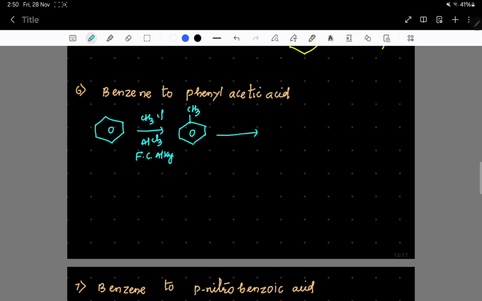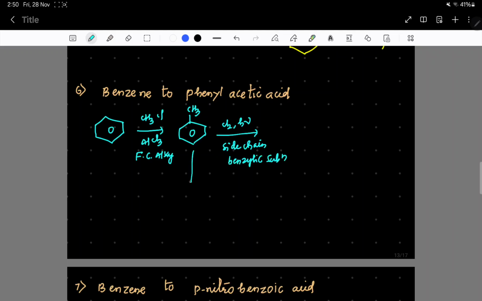Now you can do one thing, student. This toluene reacts with chlorine followed by light, right? So remember, student, it is a side chain reaction only that takes place. That is called benzylic substitution, student.